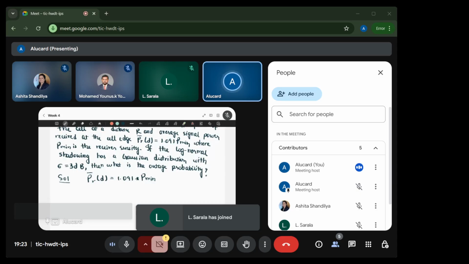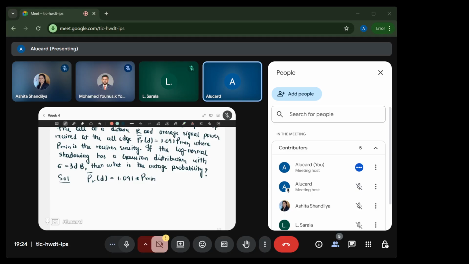And that means beta is the margin, which is the average received power minus Pmin. This is in watts.